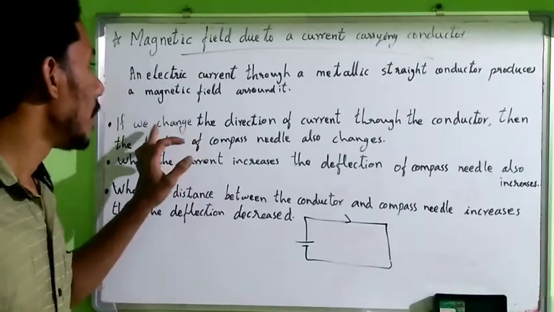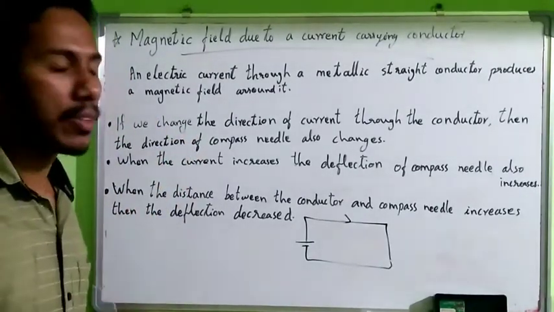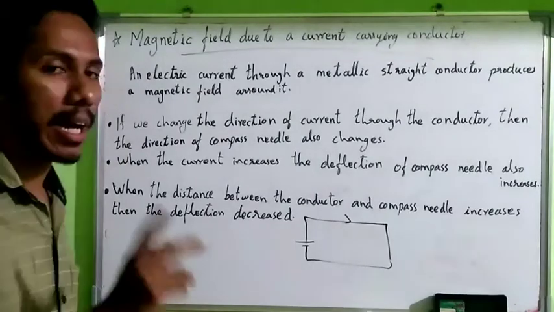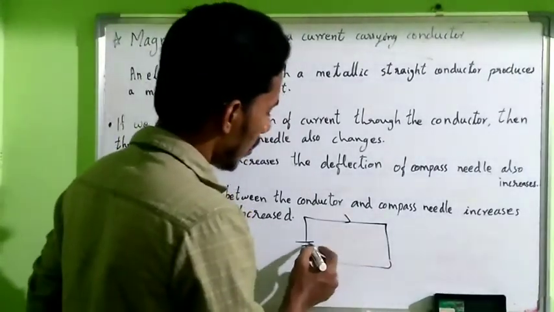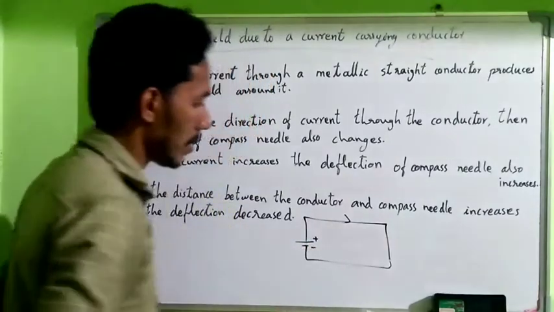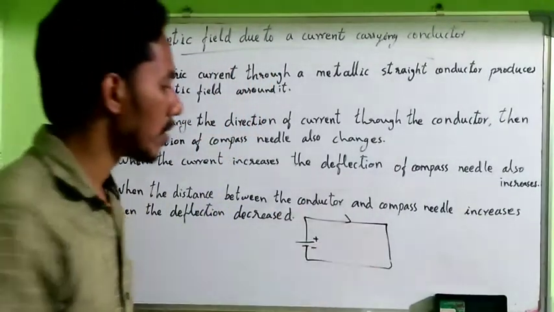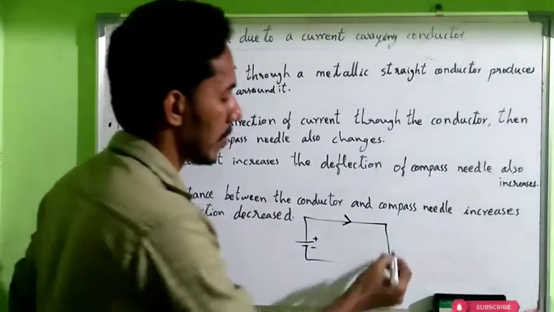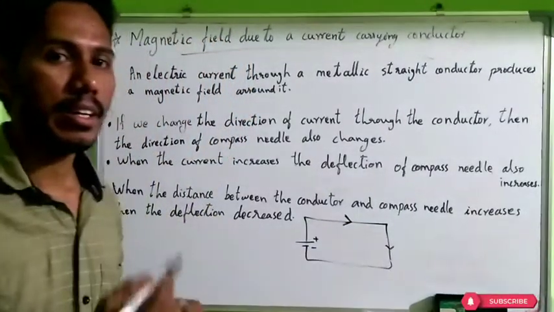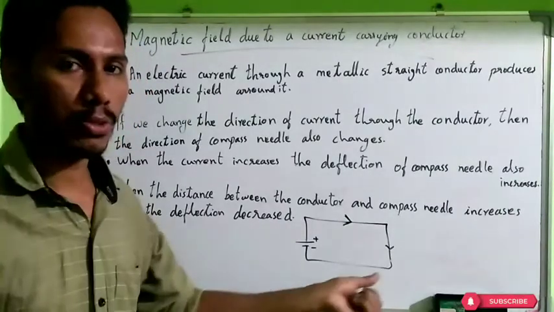Then, if we change the direction of current through the conductor, what happens to the magnetic field? Here is the positive and negative terminal. Then the current is passed in this direction, downward, and a magnetic field is produced.